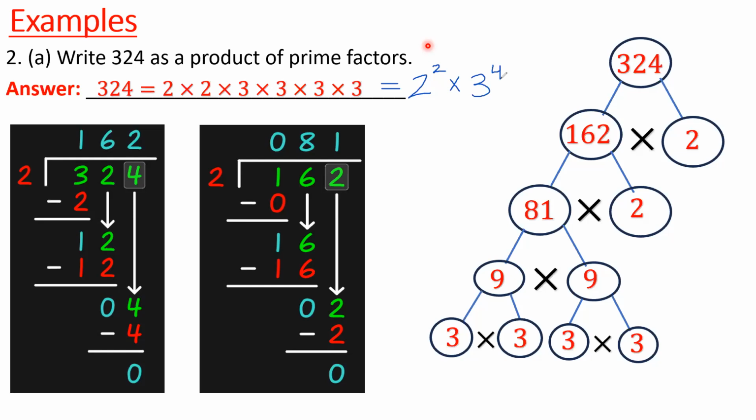So you put 3 times 3, and then for the next 9, you put 3 times 3. And then your answer would be 2 times 2 times 3 times 3 times 3 times 3, or 2 squared times 3 to the fourth power. Thank you so much, Gilbriana.